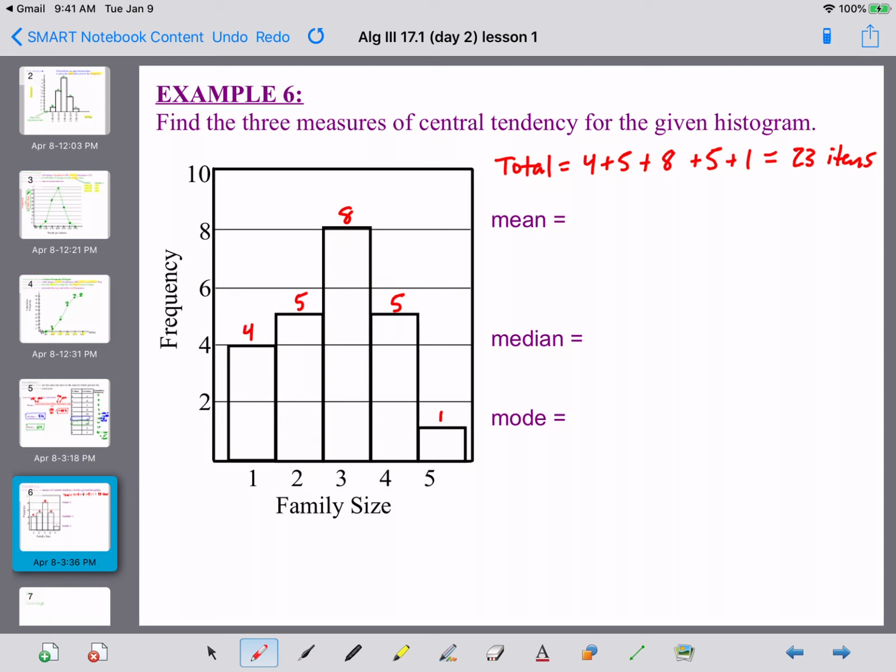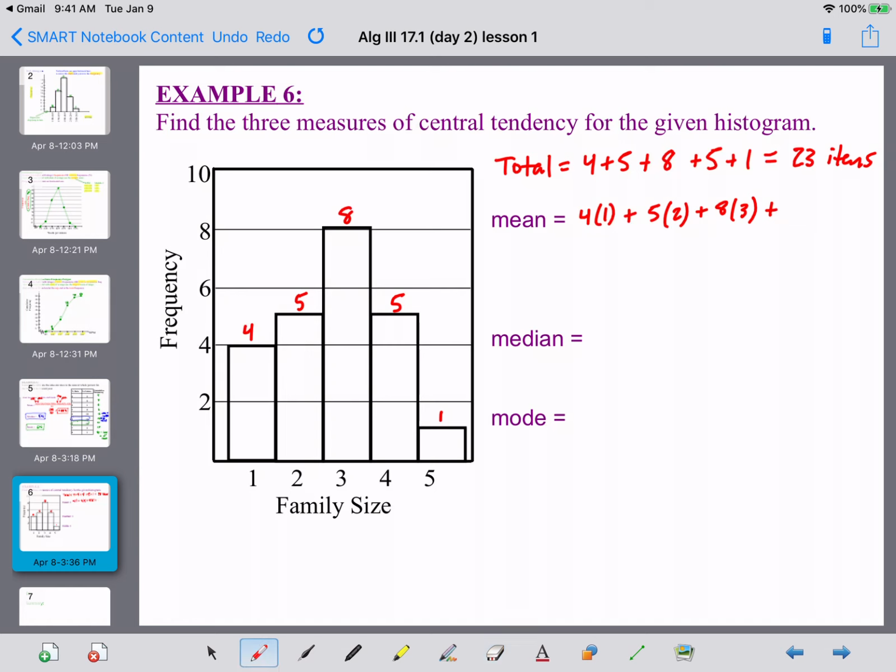All right, so let's go ahead and calculate the mean. Remember, you can do that by taking your frequency times the data. So 4 times 1 plus 5 times 2 plus 8 times 3 plus 5 times 4.